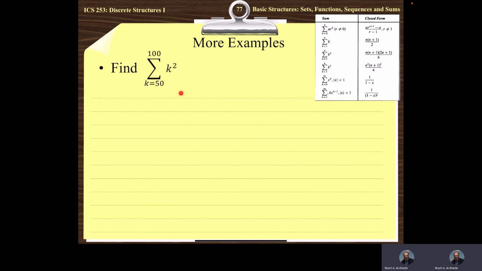So if I want to start from 1, I need to introduce another variable j, which is equal to k minus 49, okay? And then write k in terms of j and then evaluate. I'll leave that method for you.